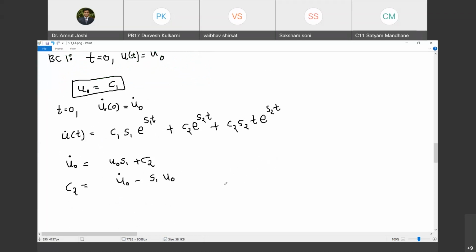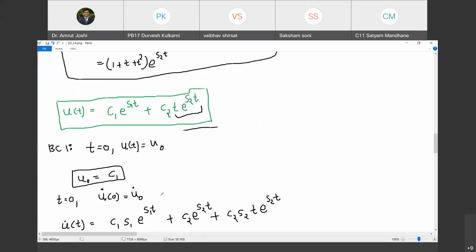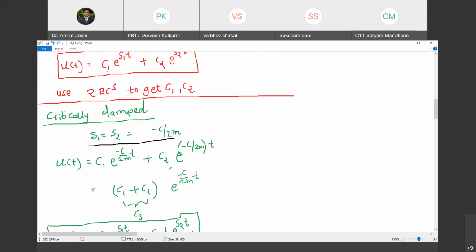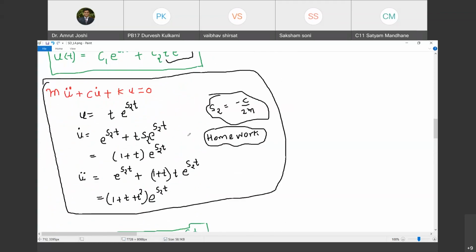Yes, sir. There is no calculation mistake, right? Check it. When I substitute t equal to 0, it is u0 dot, then c1 s1 e raised to s1t. So c1 is u0, that's correct, plus c2 e raised to s2t, that is 1, therefore it is c2, that's correct. Now can you tell me the value of s1? s1 is minus c by 2m.